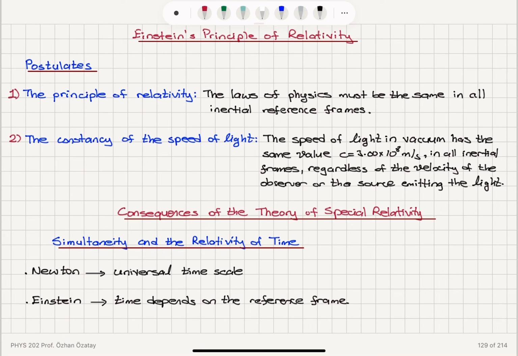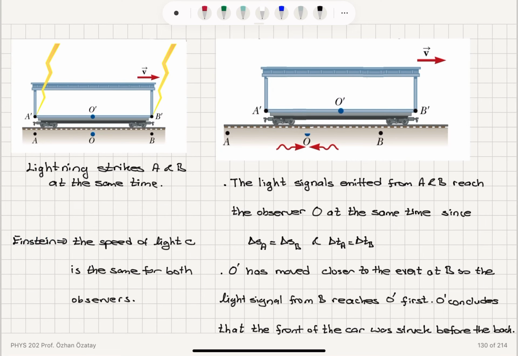First of all, in Newtonian mechanics, we have a universal time scale. In Einstein's theory, time depends on the reference frame. We have demonstrated this with this experiment. Lightning strikes points A and B, and points A prime and B prime. This happens simultaneously. Then the light pulses coming from A and B reach the Earth observer, right in the middle, at the same time because they travel the same distance.